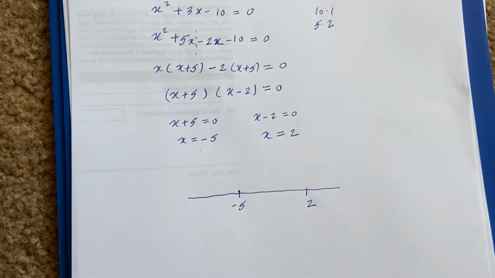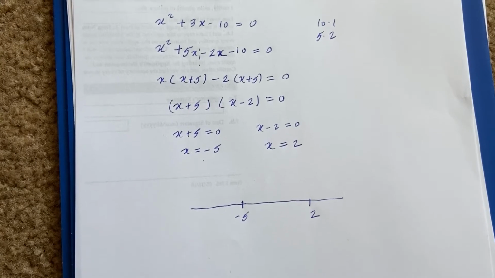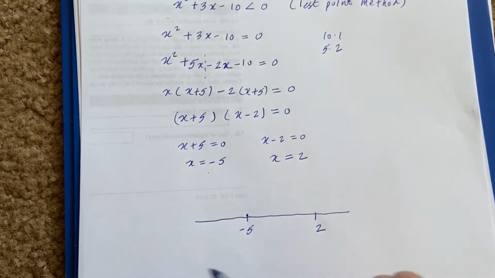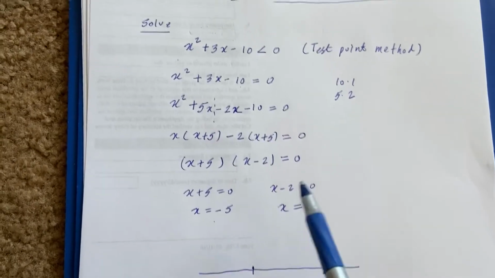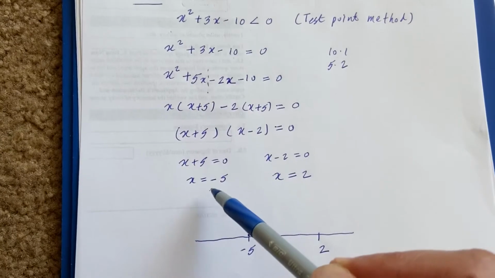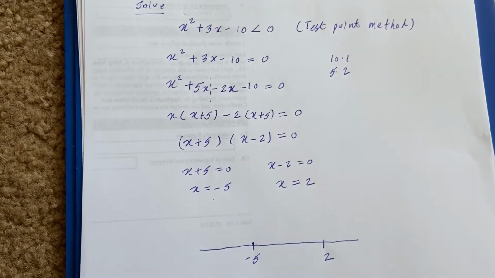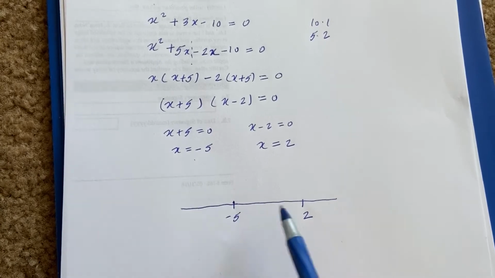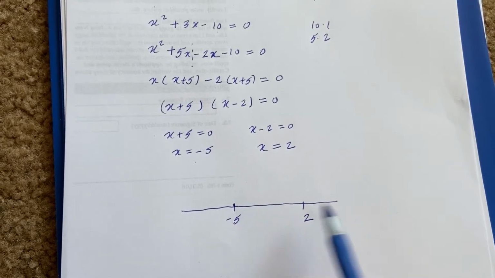Then we're going to find the region where our answers are going to be true. Since we have an inequality, our answer is not just going to be equal to a number, it's going to be a region. Either it's going to be this region, or this middle region, or this region.